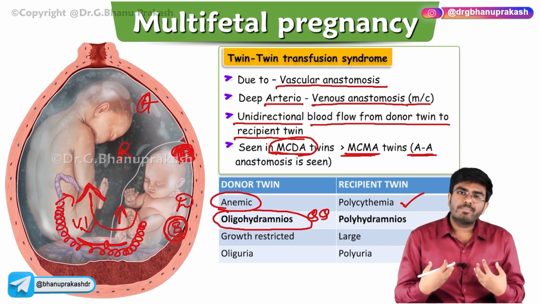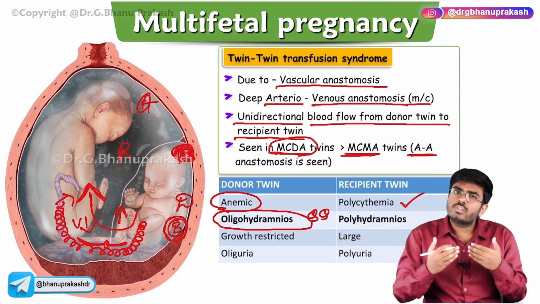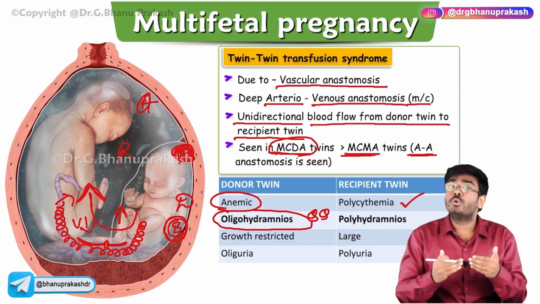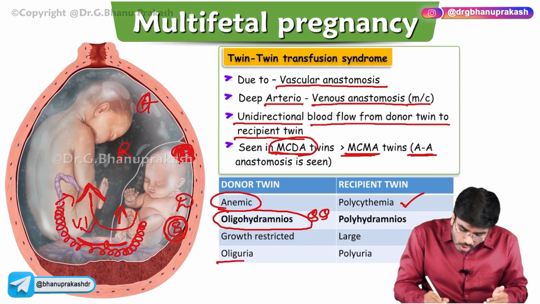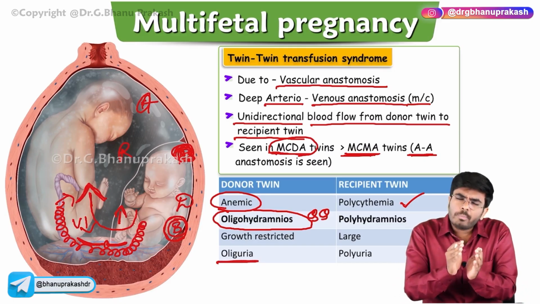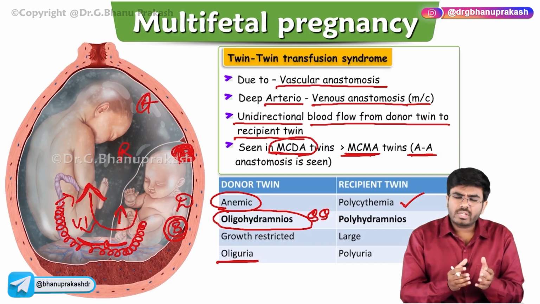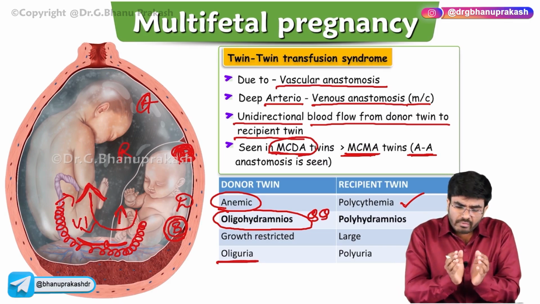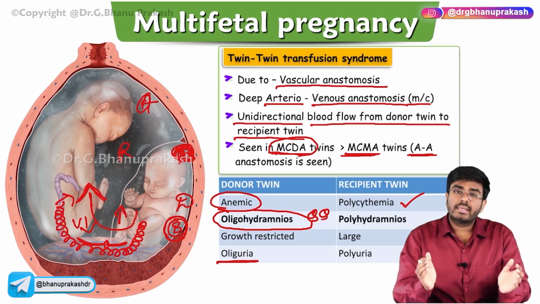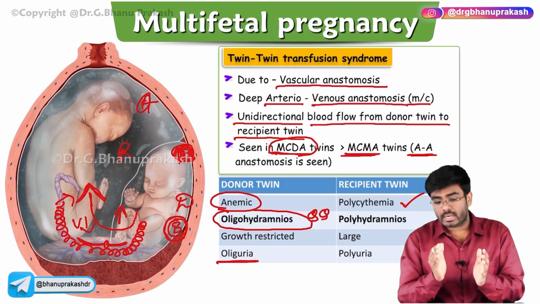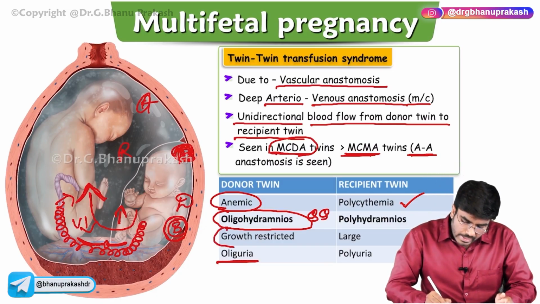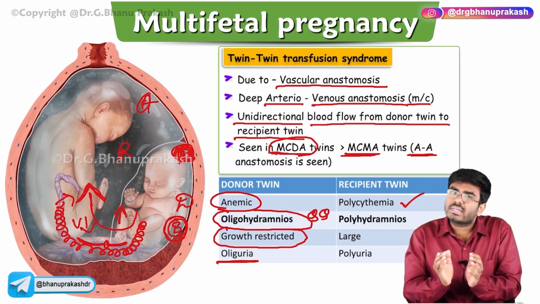Whenever there is not enough fluid, it is not going to urinate. If it is not urinating, oligouria. Okay, if it is not urinating, the amniotic fluid levels will come down. Why? Because amniotic fluid is nothing but the fetal urine. Whenever there is oligouria, automatically there will be oligohydramnios in the donor twin. And this twin, as it is giving all its blood, is growth restricted.